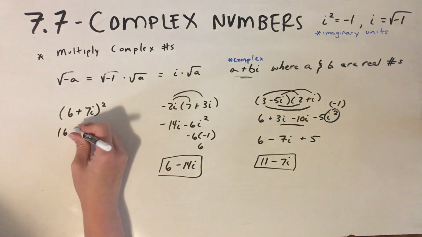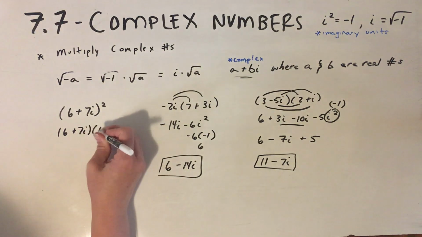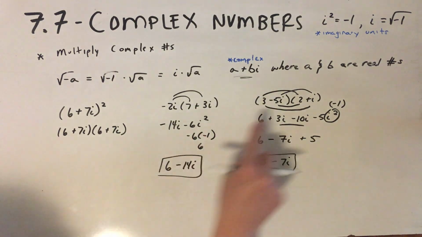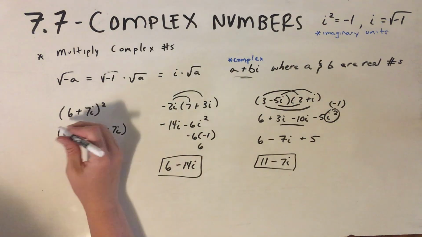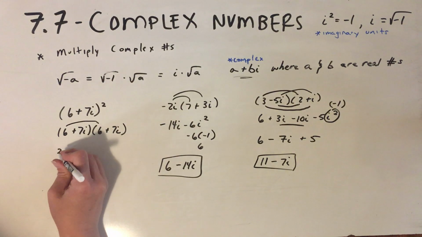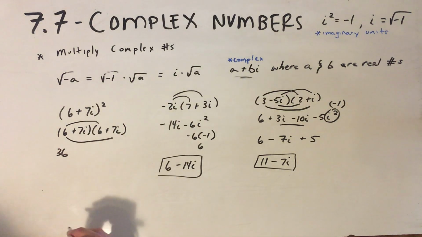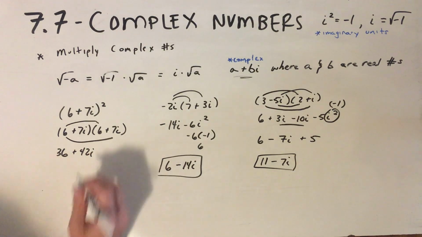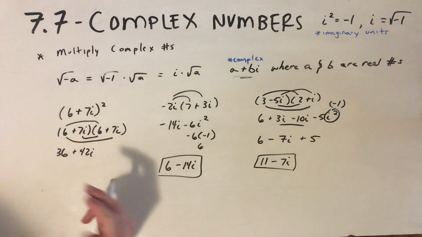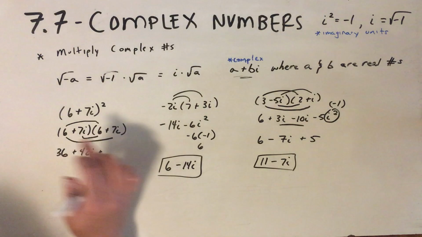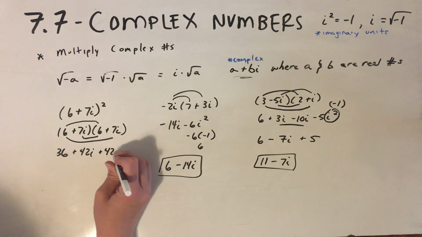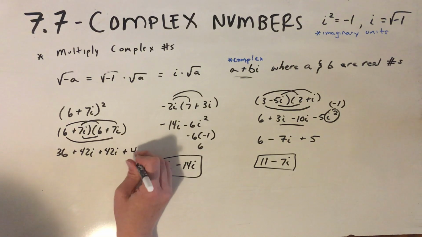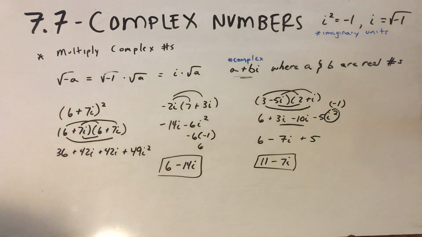So I have a 6 plus a 7i and another 6 plus a 7i. Once I expand this, I'm going to go ahead and FOIL again. 6 times 6 would give me 36. 6 times 7 is going to give me a +42i. The inners here are going to be the same as the outers. That's what happens when you have the same 2 terms. I'll get another 42i. And then the last here are going to give me a 49i squared.